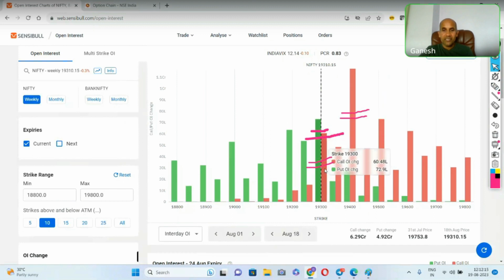So we see this highest straddle was taken at 19,300. Some people have taken maybe hedge or whatever. So you just interpret your trade and understand like this. This is what has happened. Now let's come to the straightforward.